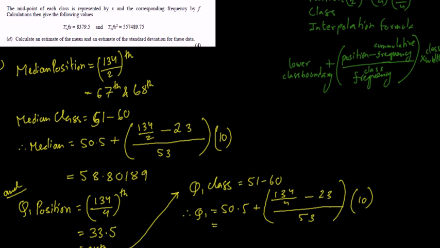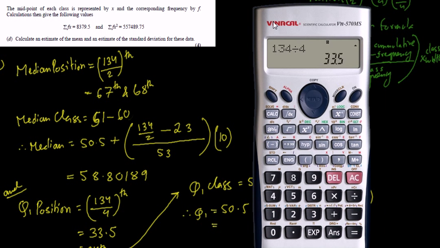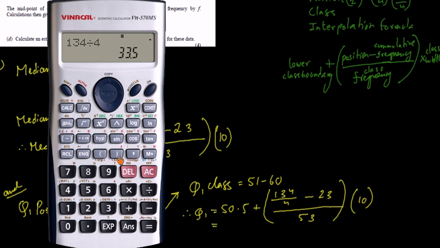So let's calculate again. Pay attention. Let's start from the innermost. 134 divided by 4 is 33.5 minus 23 equals 10.5, divided by 53. We get this, multiplied by 10.